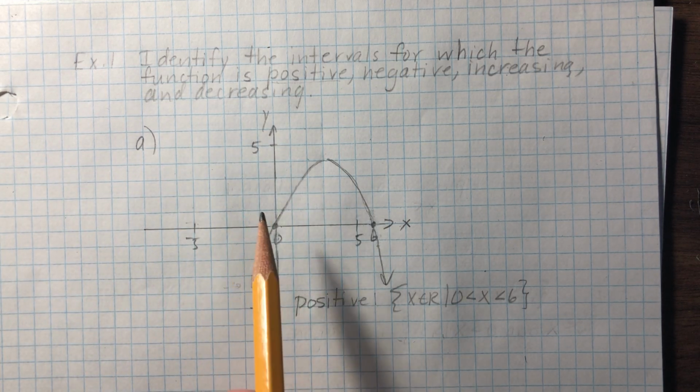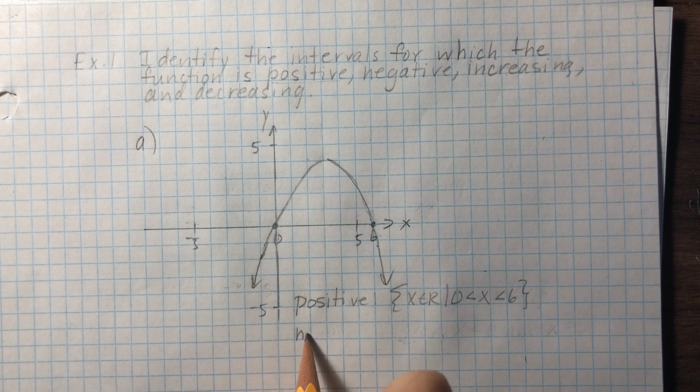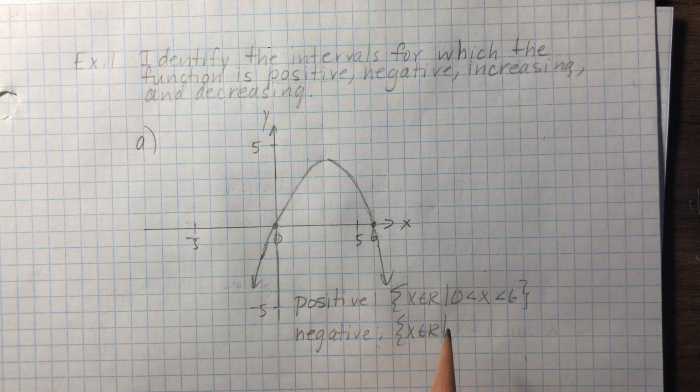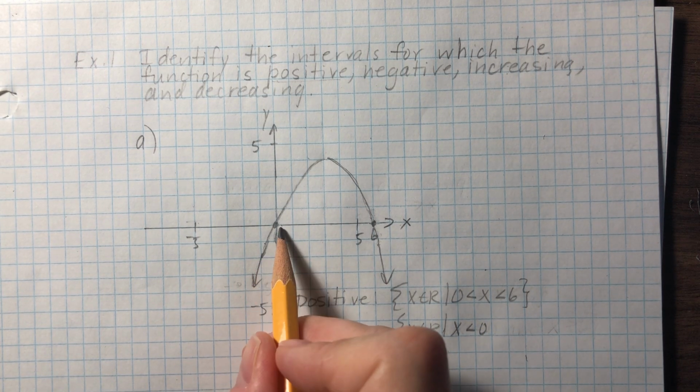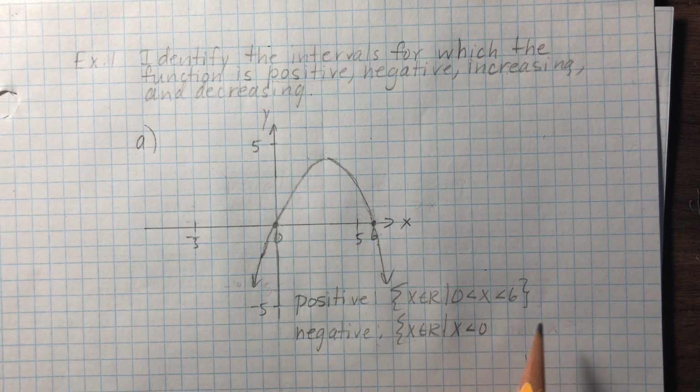If I scan to the right, it doesn't go past 0. So I can start by writing that the negative interval would be x belongs to the real number set such that my x value has to be less than 0, because it goes up to 0 here. And again, it doesn't include 0 because then the y value would be 0, and we need it to be negative.